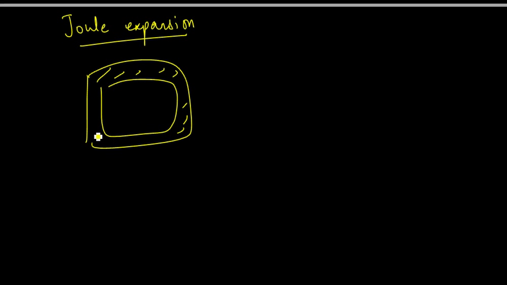Isolate this entire system. Make two partitions. The first one is gas, volume V, and here we have vacuum, again volume V. Let's make it an ideal gas, then things become easier to understand.